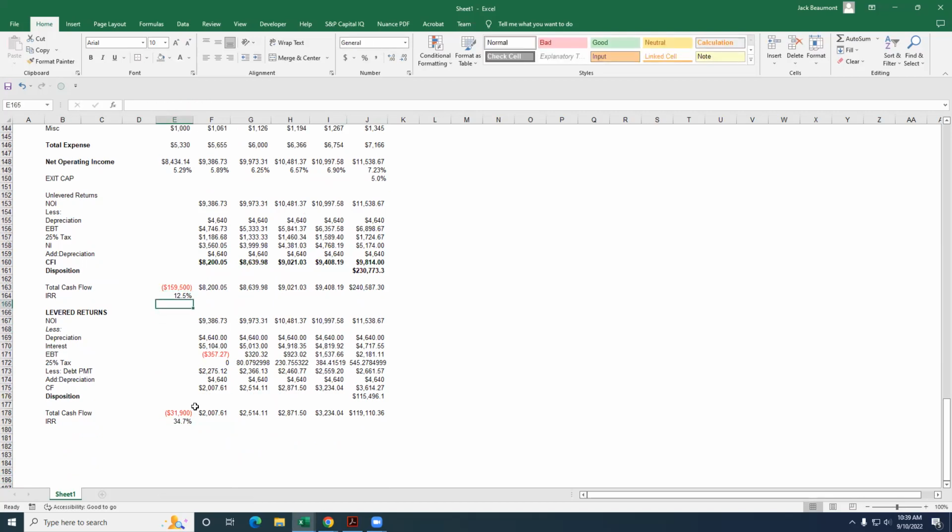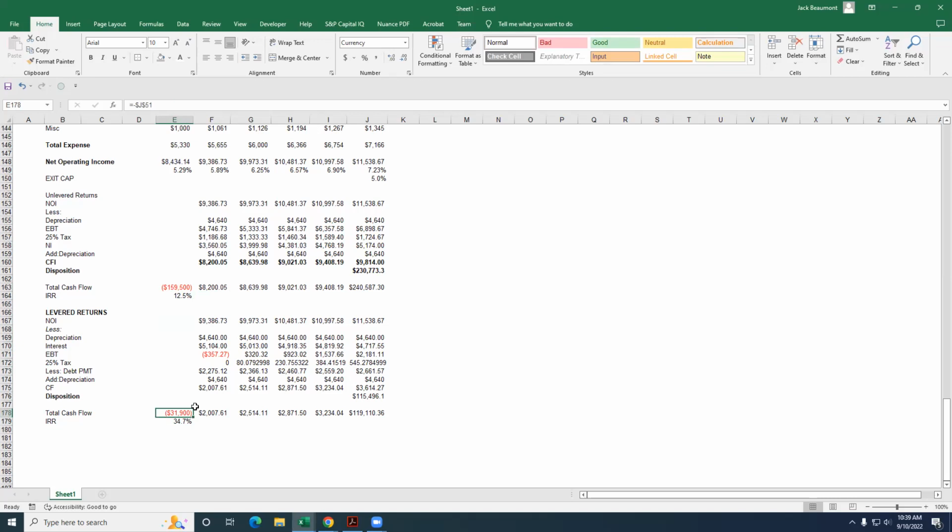So, this is why real estate can be a very powerful asset, because you're using leverage to create higher returns. Here you've only got 12% because you've funded everything by equity. So your initial cash flow is significantly larger than when you're using debt.